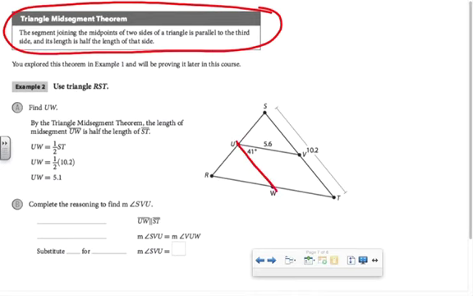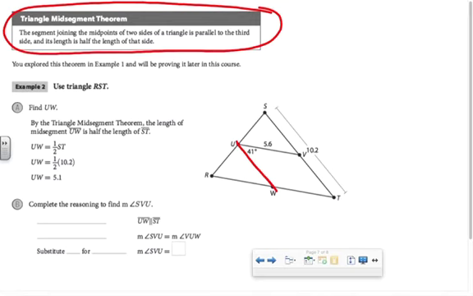Well, here's the length of segment UW. It is a midsegment. And since it's a midsegment, it will be half the length of the side that it doesn't intersect. That's why you see in your textbook that they say the length of UW equals half of 10.2, and they found it to be 5.1.